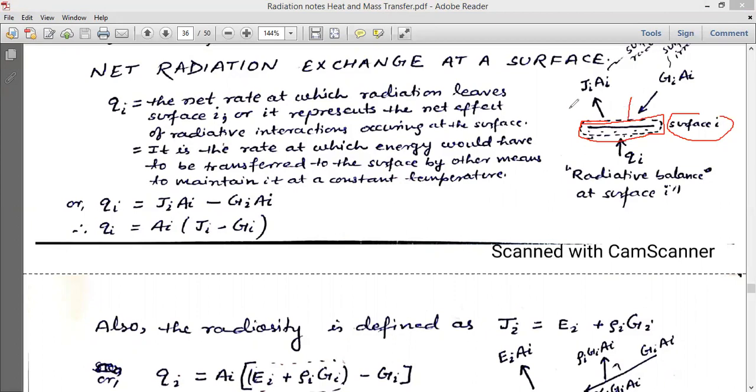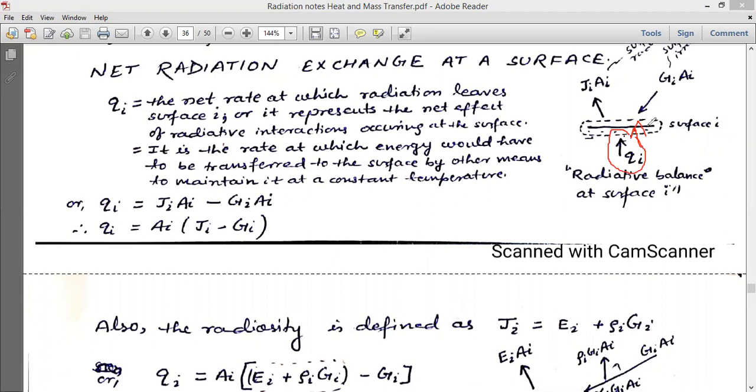That means the net rate that is leaving from surface i will be the same as the rate of energy that we need to supply to this surface in order to have a constant temperature.